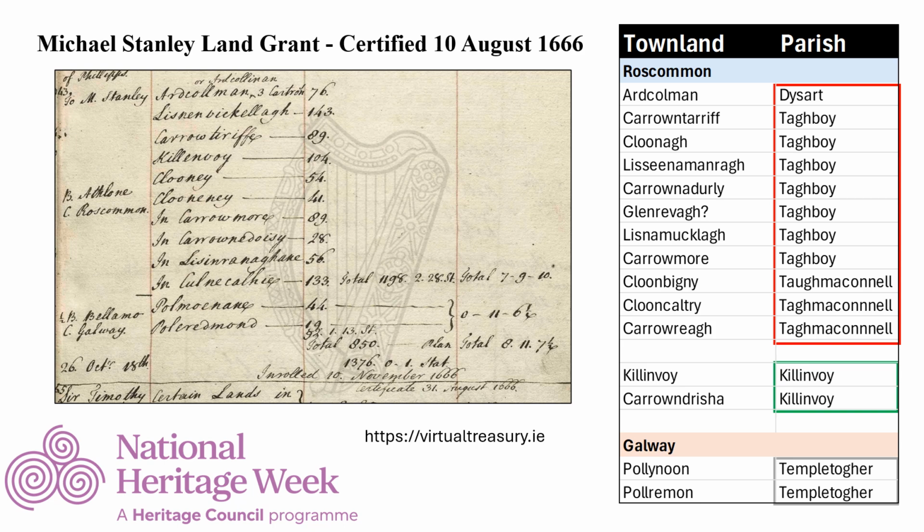So if we take a look at the records altogether, the books of survey and distributions and the land grants under the Act of Settlement, we can see the full extent of the land he acquired. As well as the principal estate in the centre of the main Glennon clusters, he was granted land in Kilnvoy on the perimeter, and also in Pole Redmond, just outside Williamstown in North Galway.